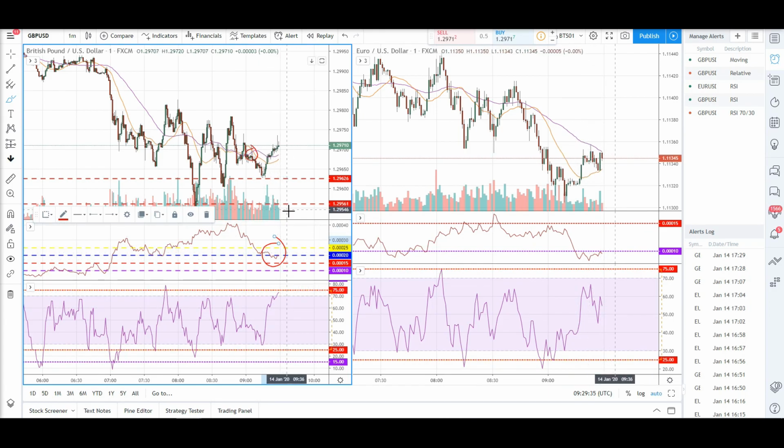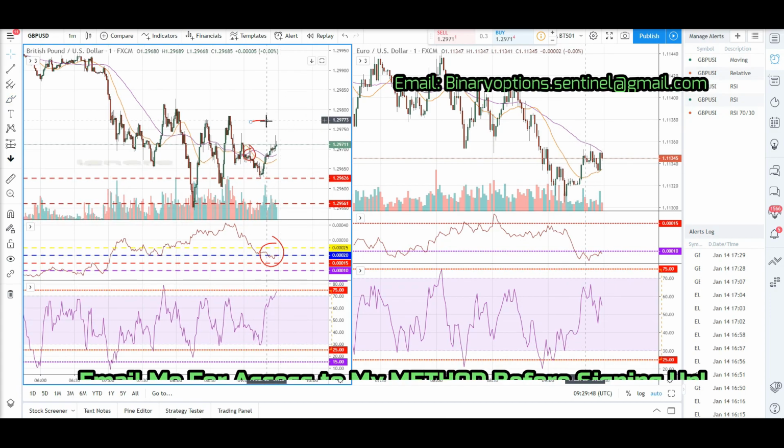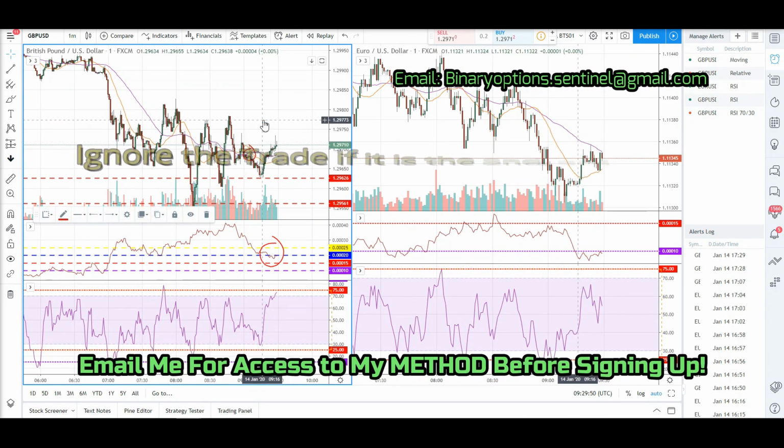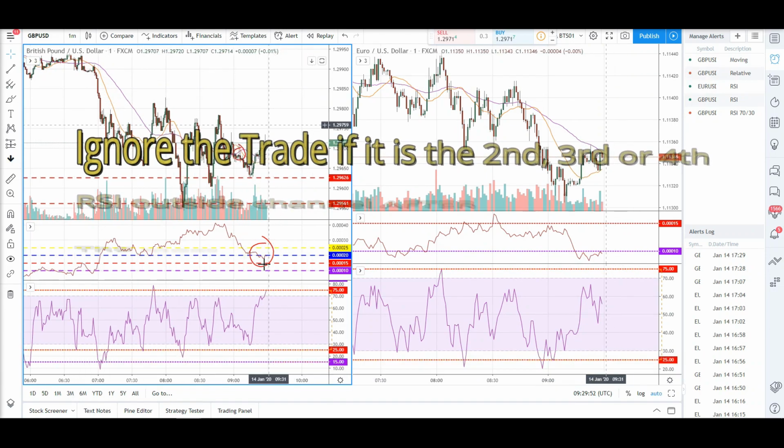Do note that if this recent RSI cross, or the one at any moment that you're looking at the charts, is the second time the RSI goes outside of the channel after the most recent moving average cross, please do not take the trade.